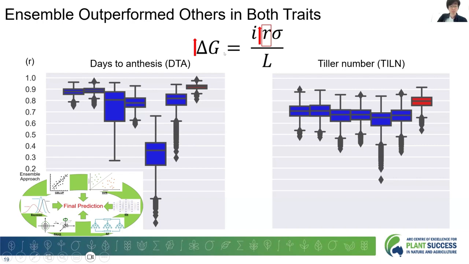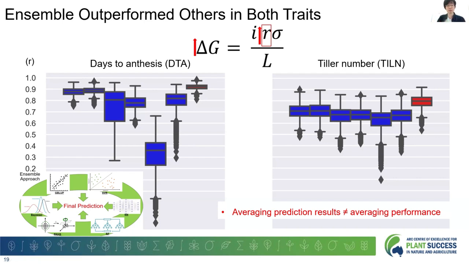One interesting finding here is that although we simply average all the prediction results, its performance is not just average, but has a higher position, as we see like this. So this is an interesting finding from the ensemble approach.